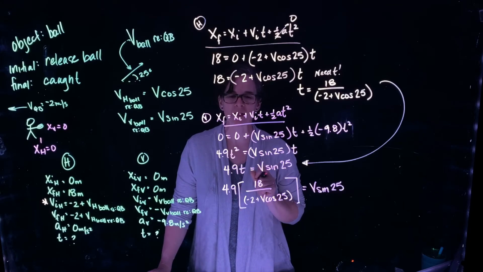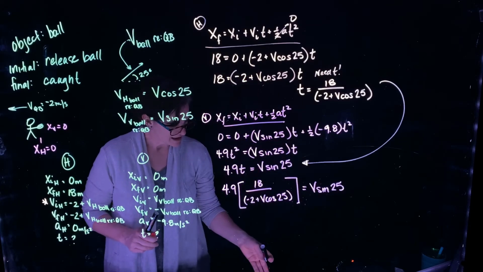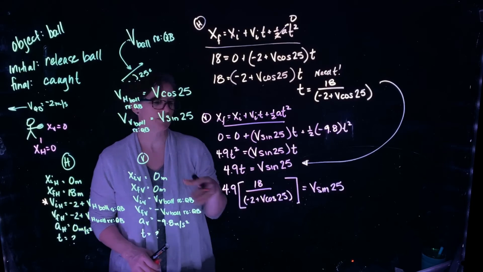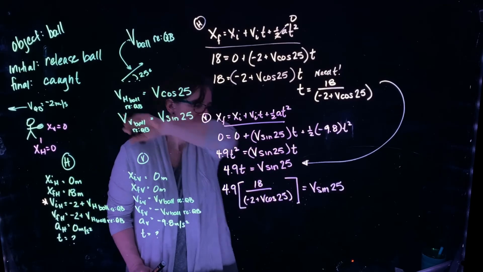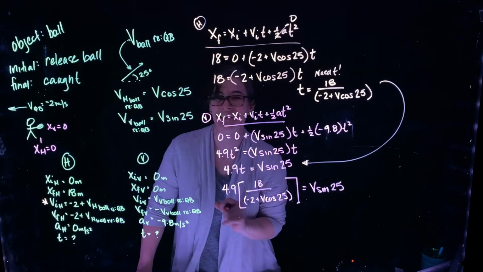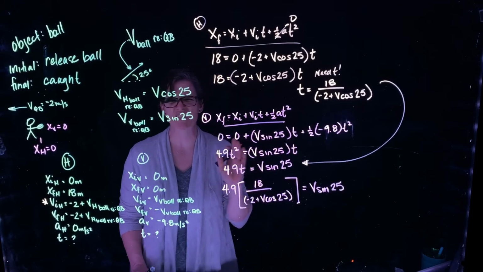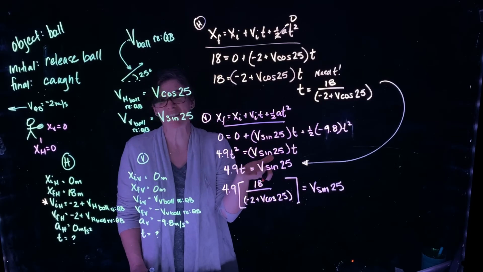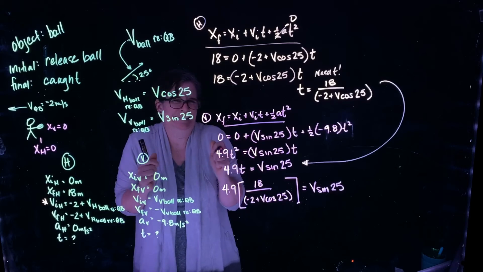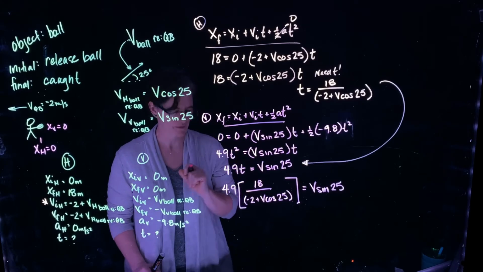So I have to do a little algebra here. If I do a little bit of algebra, what I like to do is maybe put in the values for sines and cosines. You don't have to at this point, but they're just numbers. And I'm a numbers girl, so I like to put in those numbers.